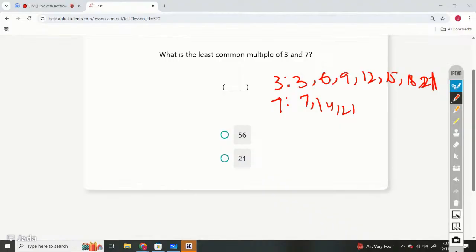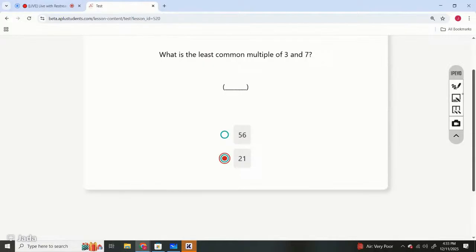Which is the least common multiple of 3 and 7? Very good. 21 it is.